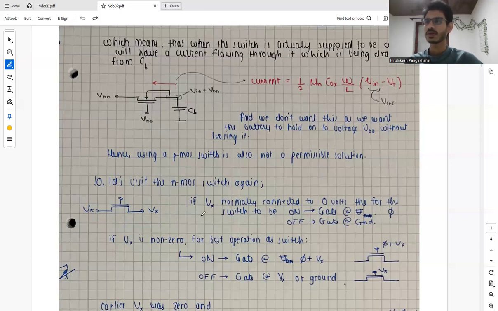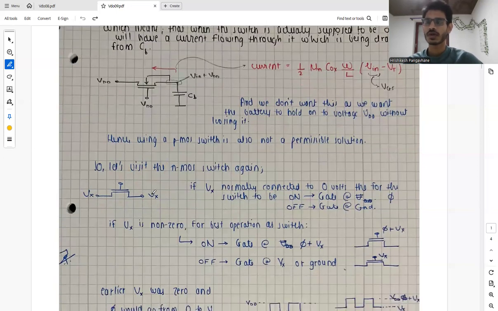If Vx was normally connected to 0 volts, then for this switch to be on, the gate would have been at 5, right? And if we wanted the switch to be off, then the gate would have been at ground.